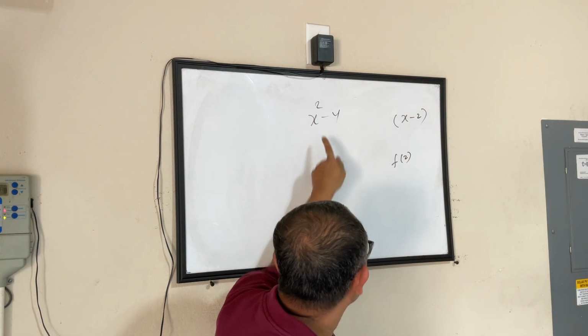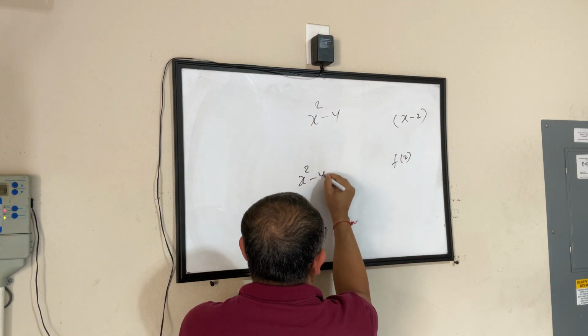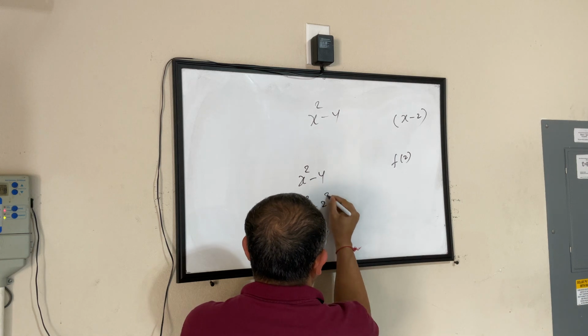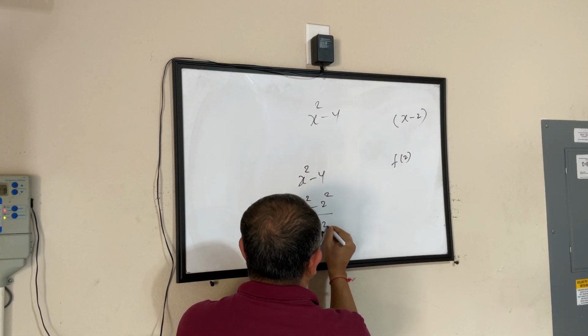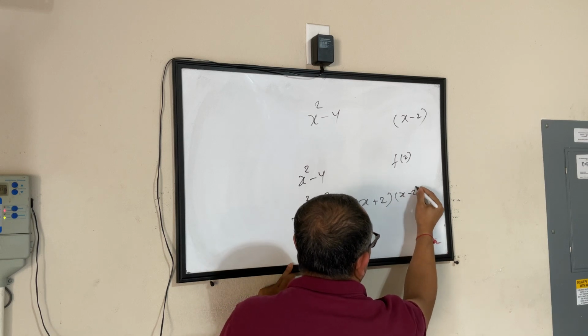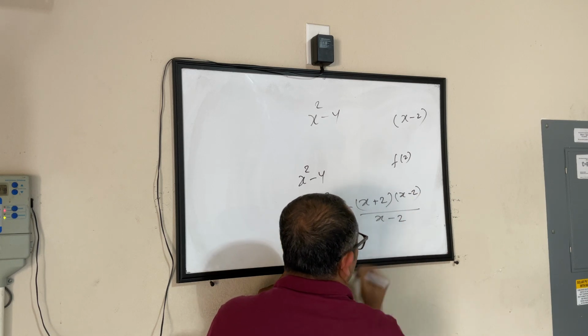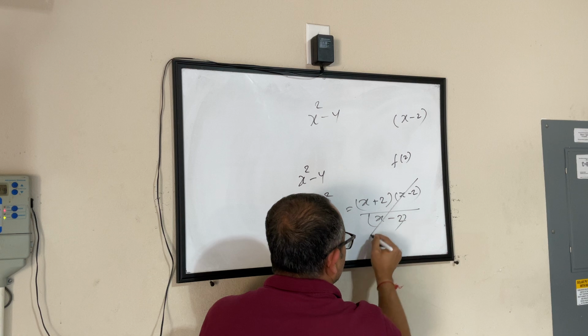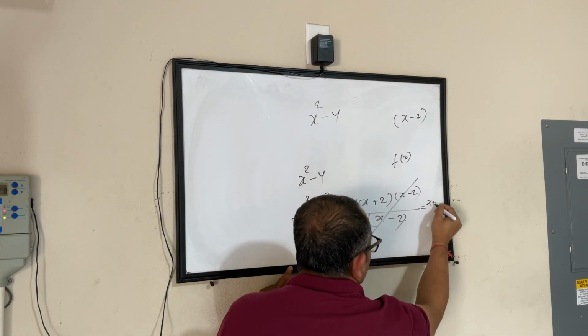Here we know that x squared minus 4 is nothing but x squared minus 2 squared. If I divide that by x minus 2, it becomes x plus 2 into x minus 2 by x minus 2. These two get knocked off.